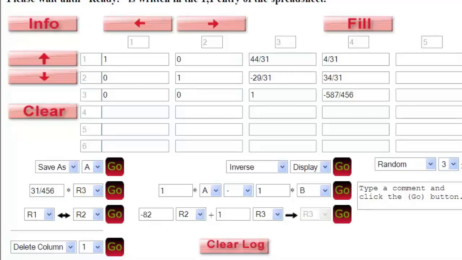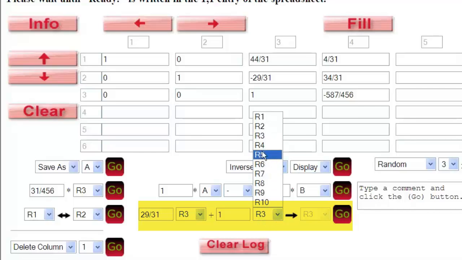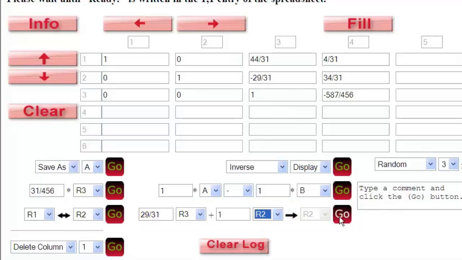Okay, now I want to reduce the other two to have zeros. In order to do that, I'm now going to use row 3, and I want to add 29 31sts of row 3 to 1 times row 2 and put the results in row 2, and that should produce a 0 in that location.